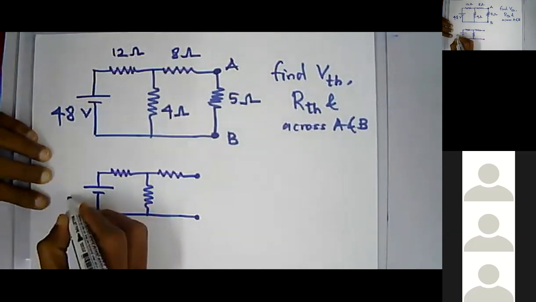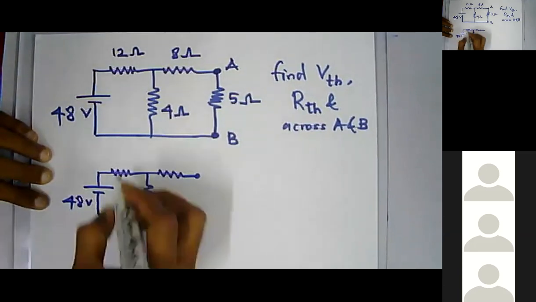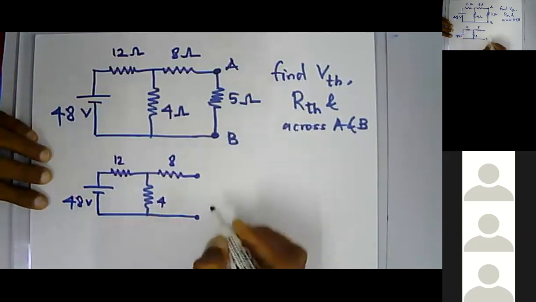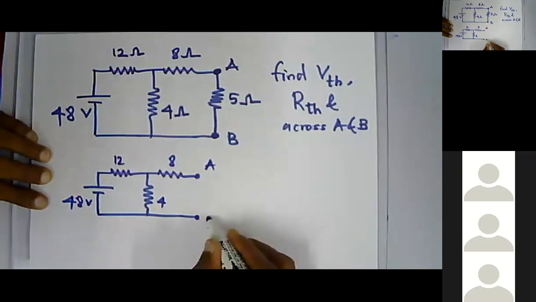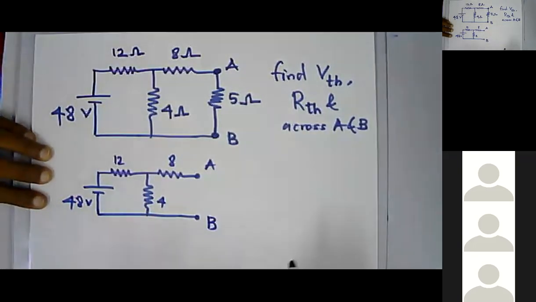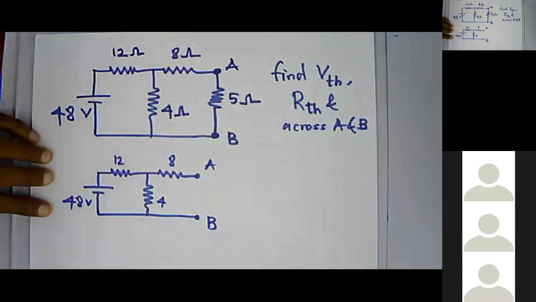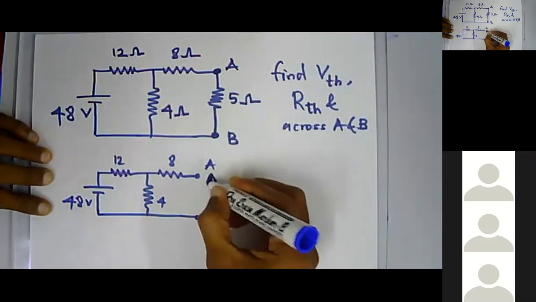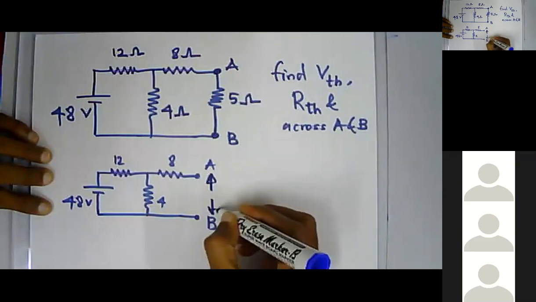This is your 48 voltage, 12 ohm resistor, 8 ohm resistor, 4 ohm resistor, A and B. So this is the first step. And then what you have to do now is calculate VTH. VTH is actually the voltage across A and B.